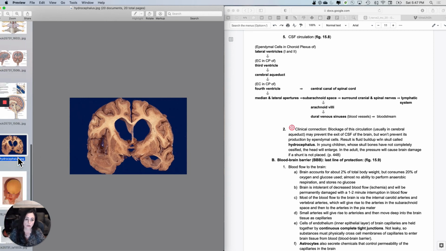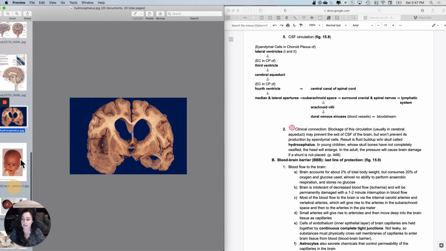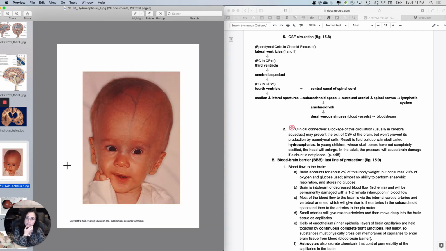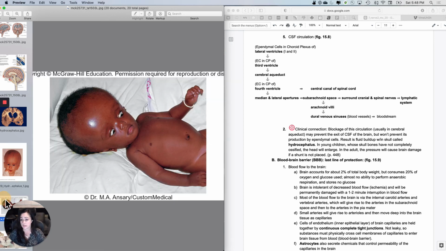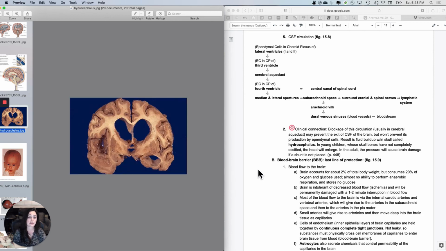When this occurs in a developing fetus, it can cause what's called hydrocephalus, because the pressure from the inside of the brain pushes the brain up against the skull, and because the skull is still forming, of course, the skull will increase in size. This is called hydrocephalus, and this is another baby with hydrocephalus. This is not good news for these babies.